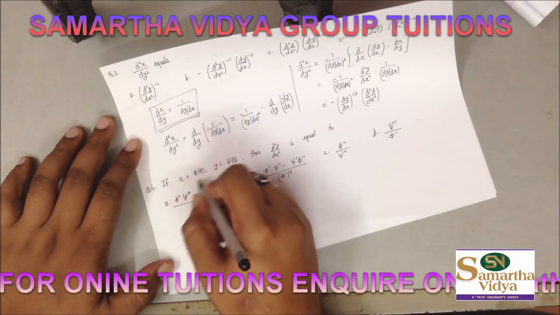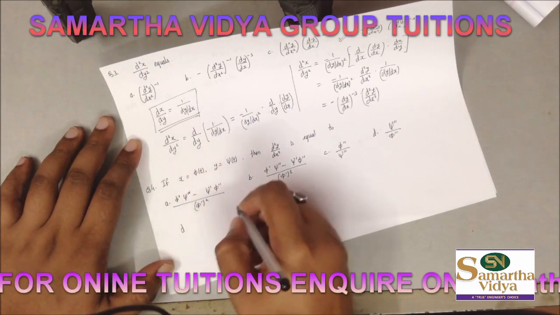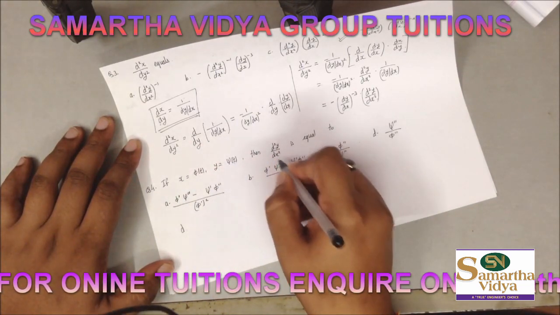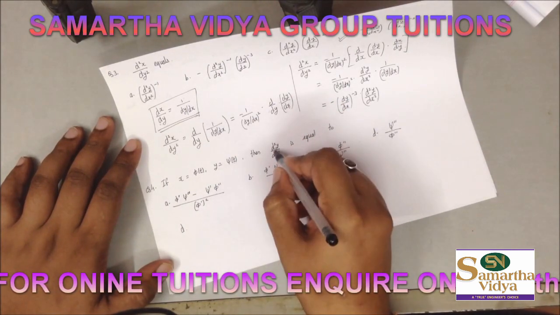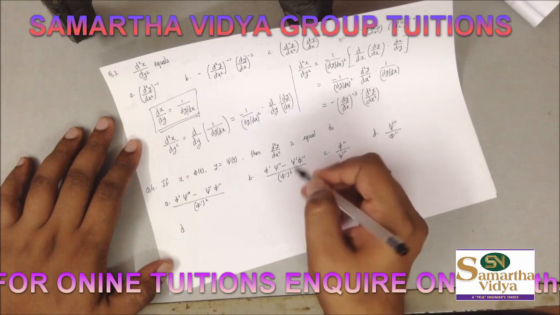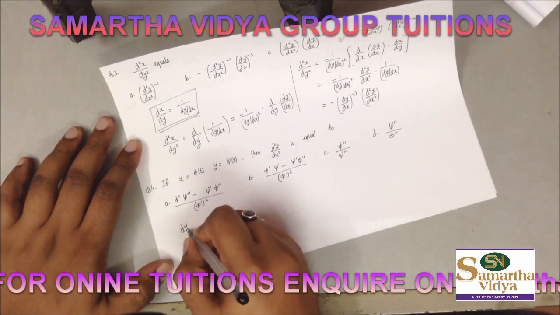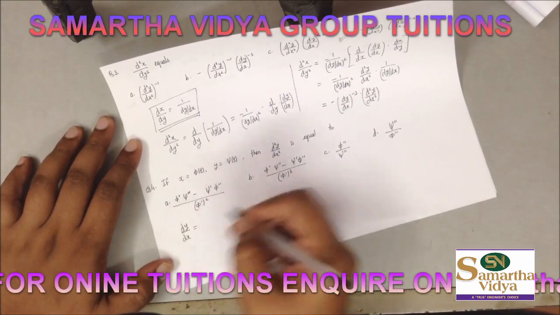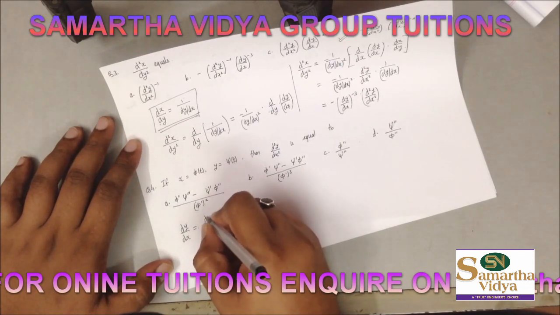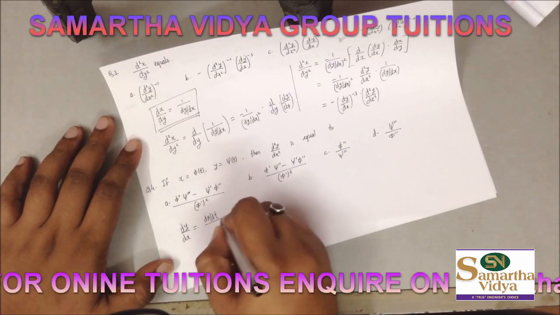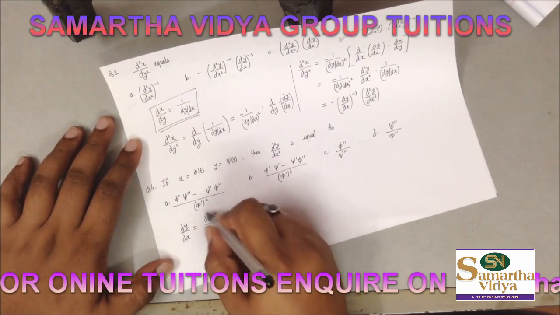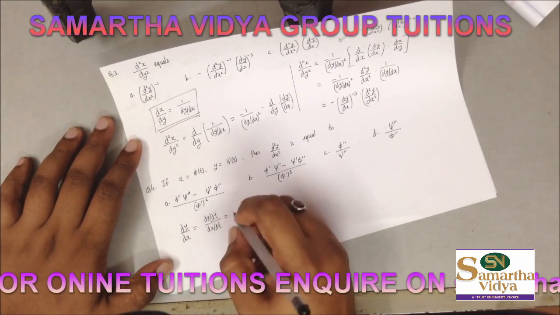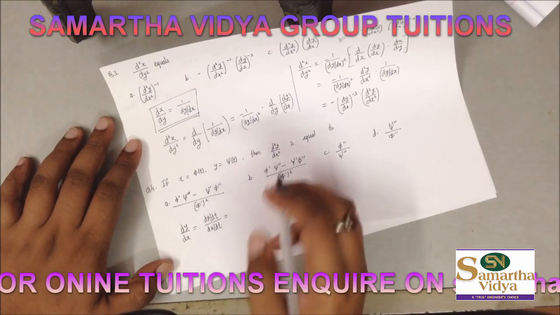So whenever we have to go for a double derivative, we have to first find the single derivative, that is, I need to find dy by dx. So in this case dy by dx, since it is in the parametric form, it will be dy by dt upon dx by dt, right? So now dy by dt, that means you have to differentiate y with respect to t.